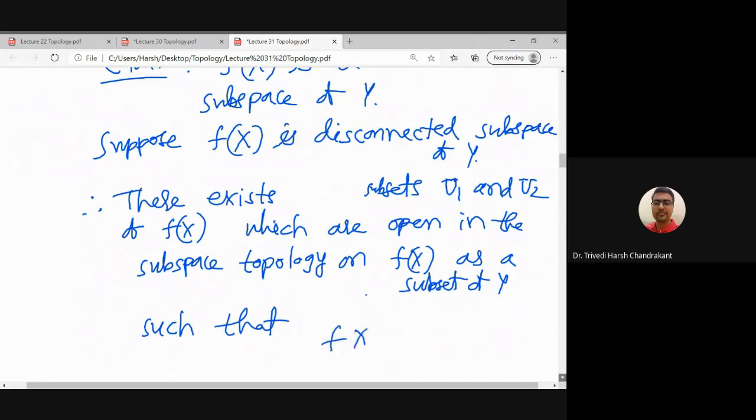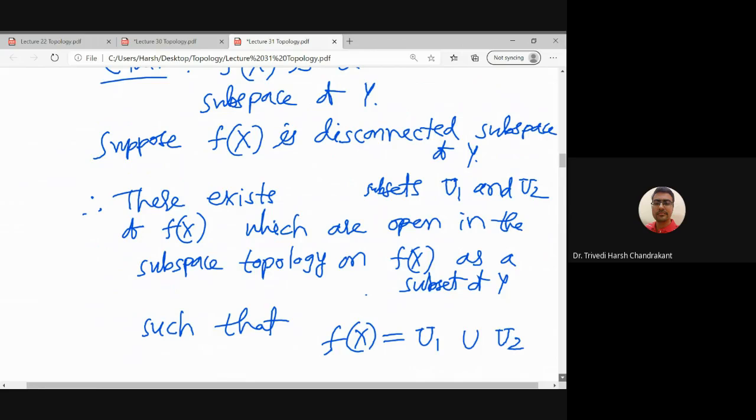That means f(X) is the union of u1 and u2, where u1 and u2 are non-empty, disjoint, open subsets of f(X).